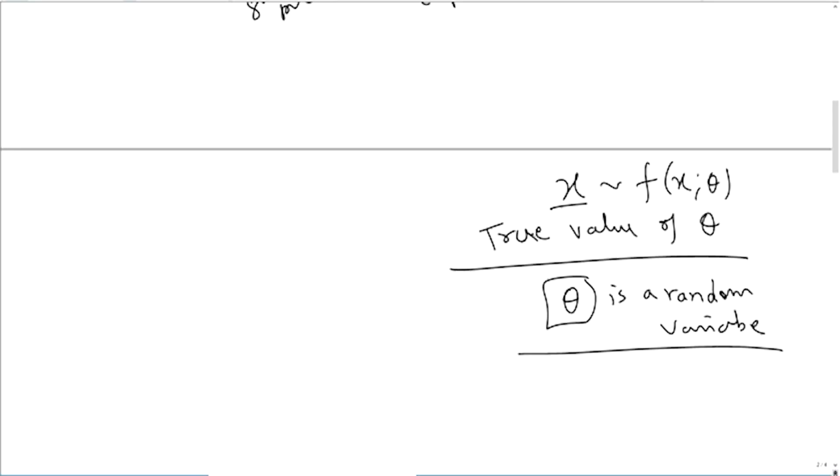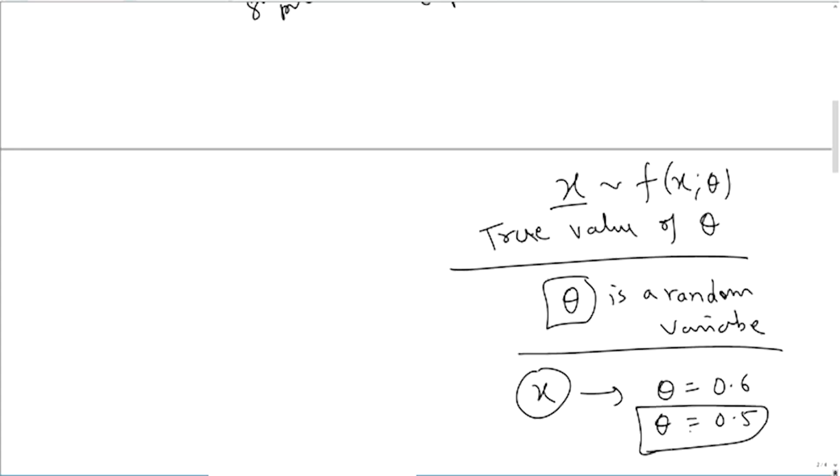So for example, you collected some data x, and x tells you that, well, theta could be equal to 0.6, it seems to be the most likely value, but theta equal to 0.5 is also a likely value. So the data could very well come from this as well, right? So it's very difficult to find a point value given a limited sample from the population.